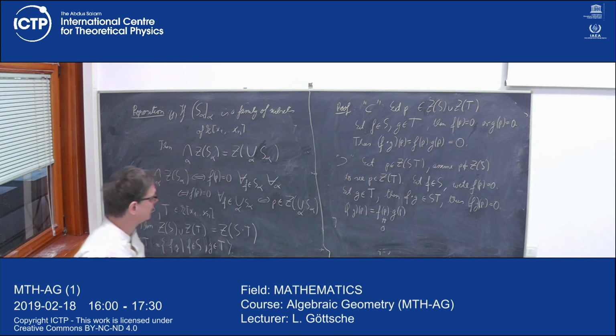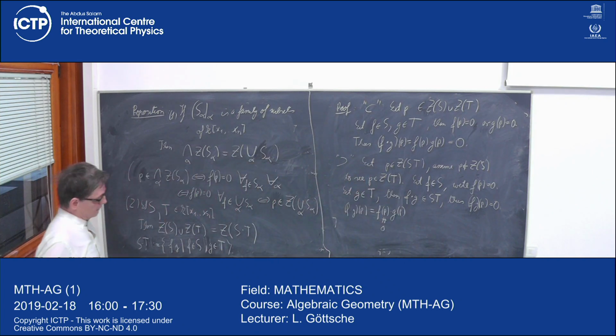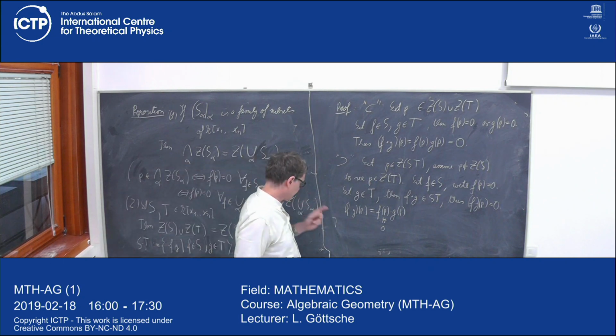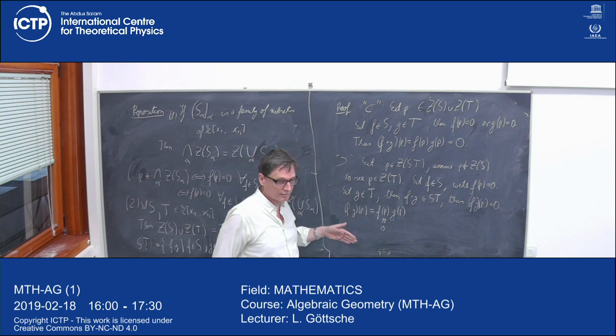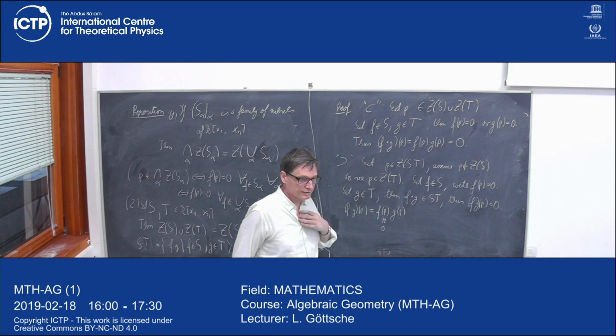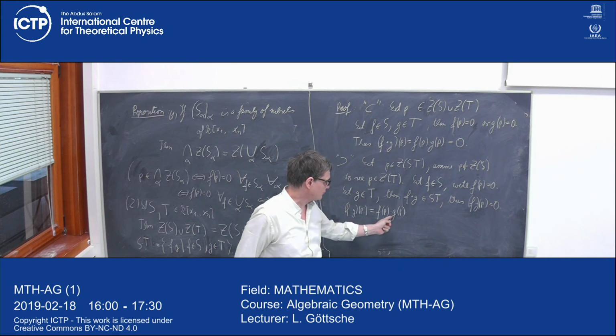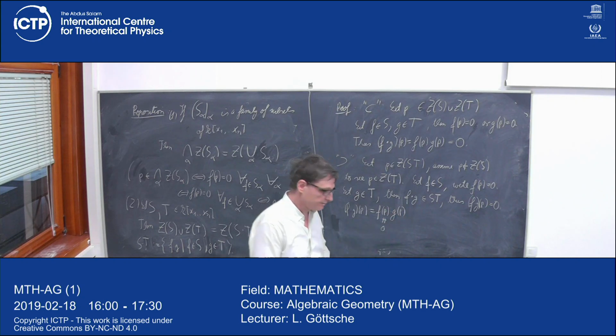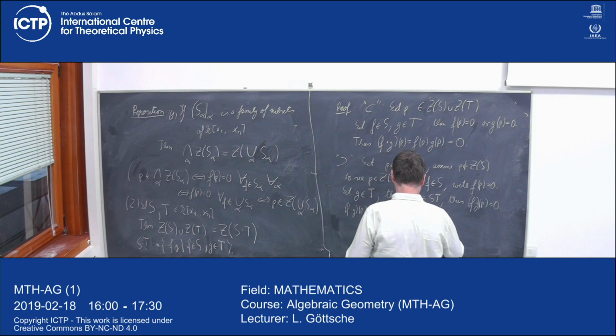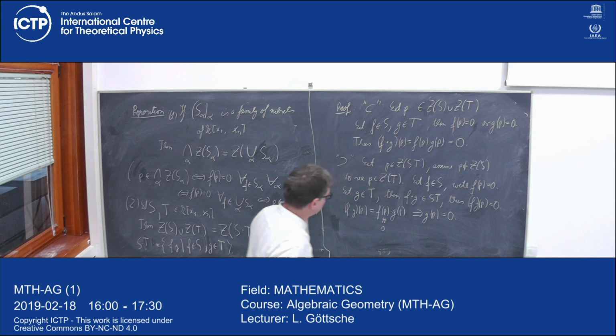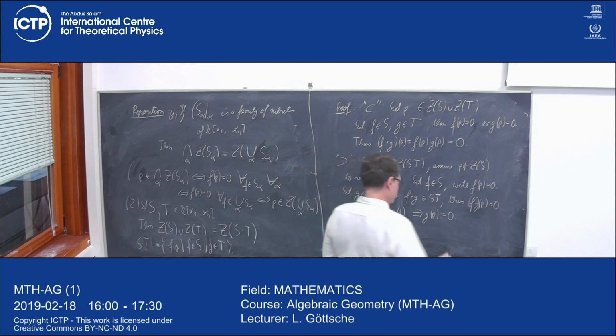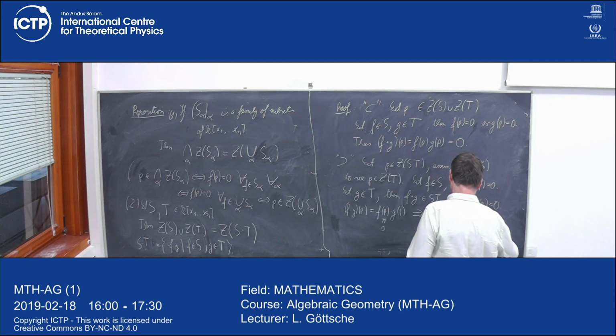We should have said, it's clear that if we have a polynomial ring in many variables with coefficients in a field, then it has no zero divisors. So if this factor is not zero, then the other factor is zero. And so we see that P is in the zero set of T.